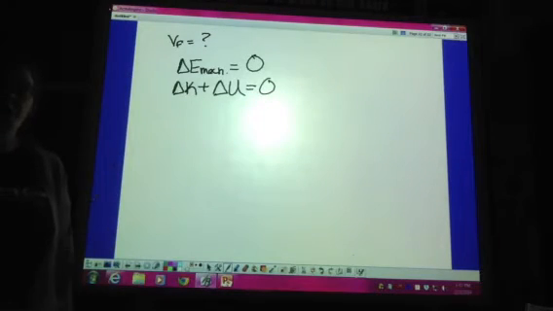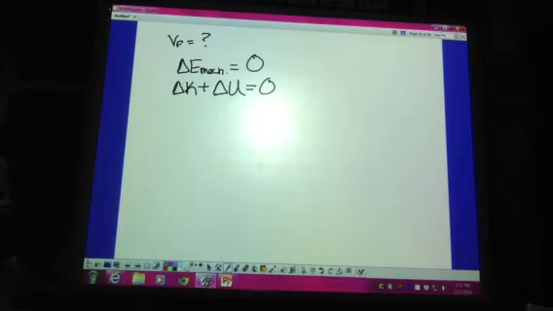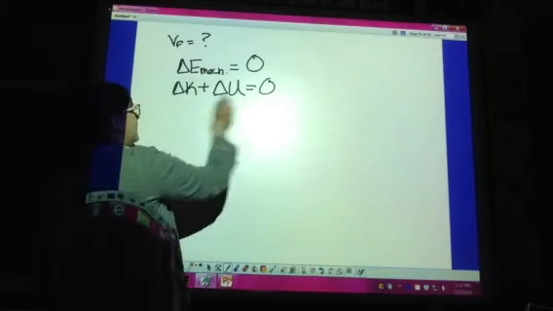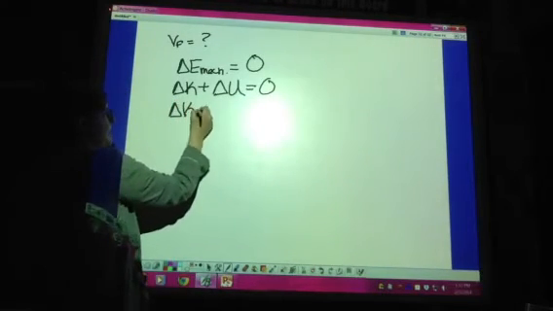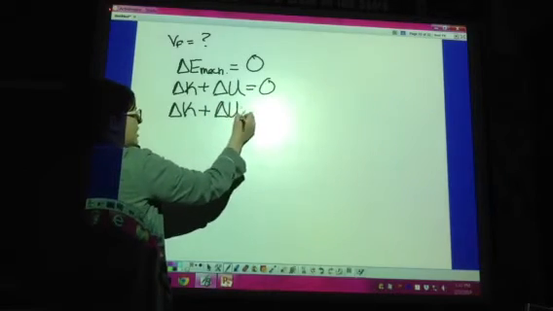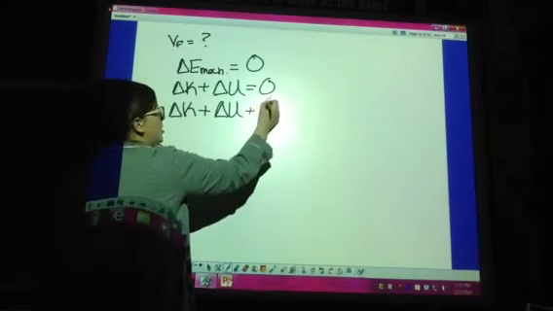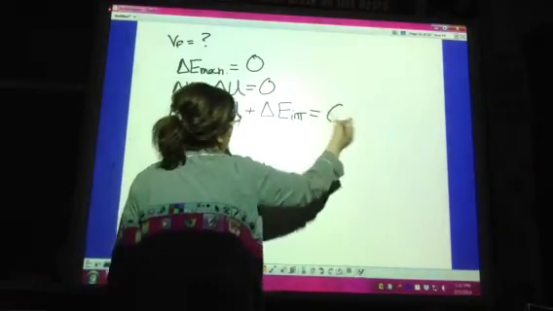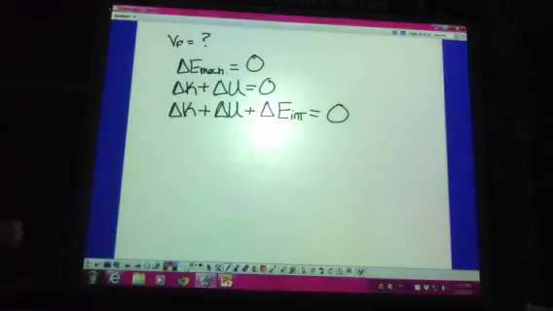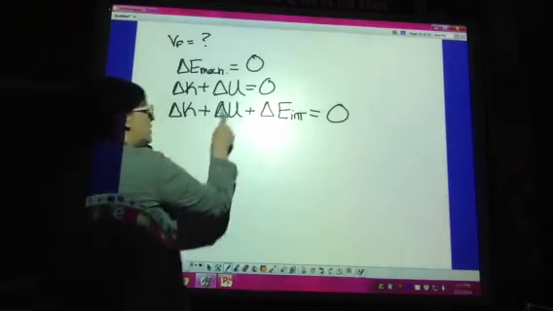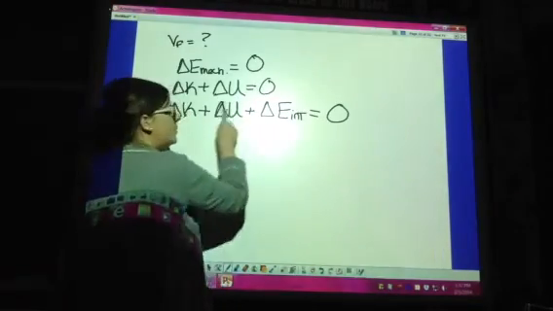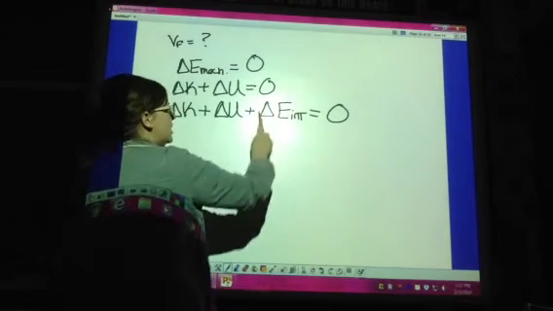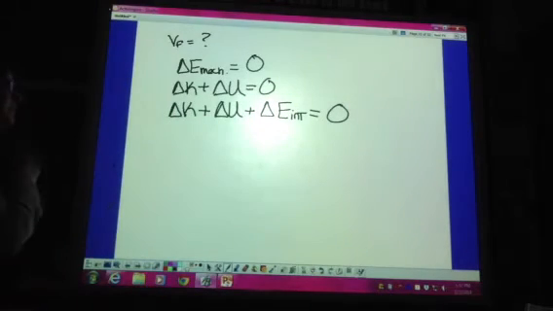But now we have a non-conservative force that's also in consideration. Remember, we have friction. So I have to show delta K plus all of my changes in potential energy plus my change in internal energy, which is friction. All of that is equal to 0. So I have some change in kinetic energy, I may have some change in gravitational potential energy, and I'm going to see some change in internal energy based on friction. All of that should equal 0.